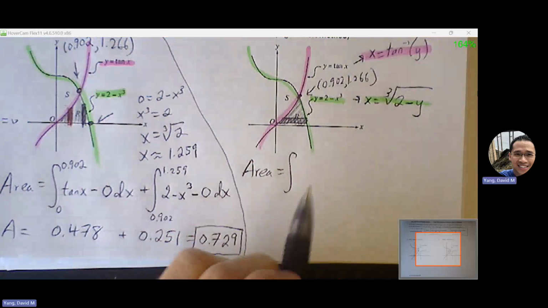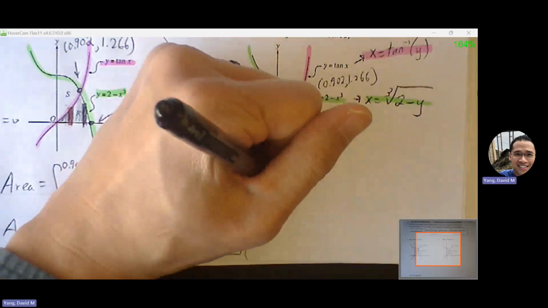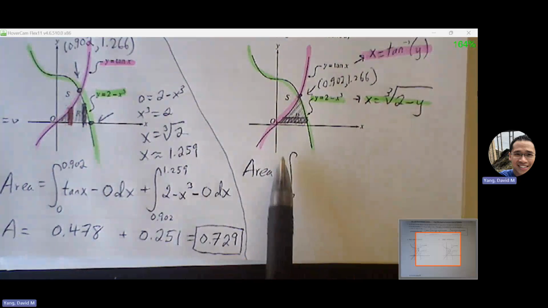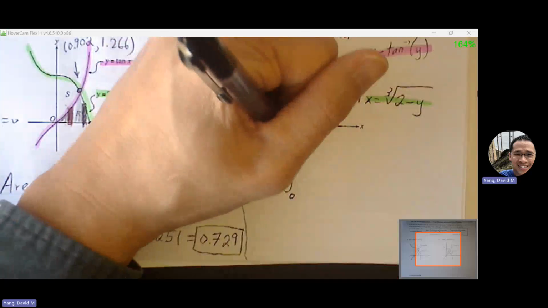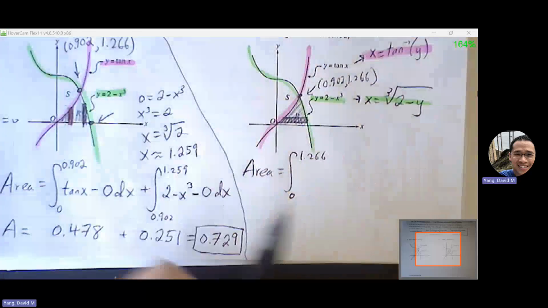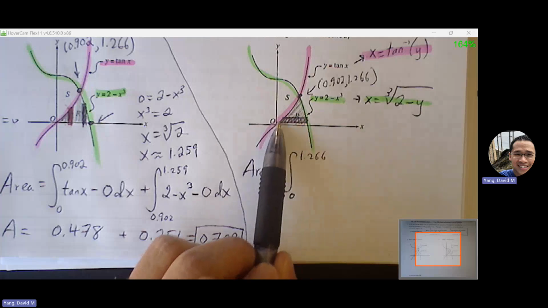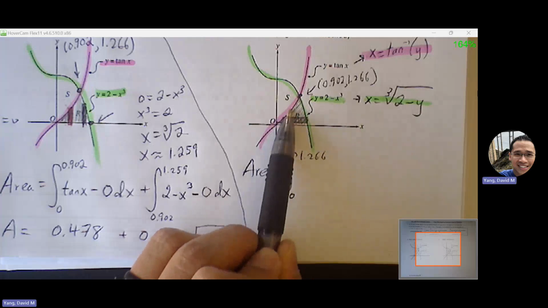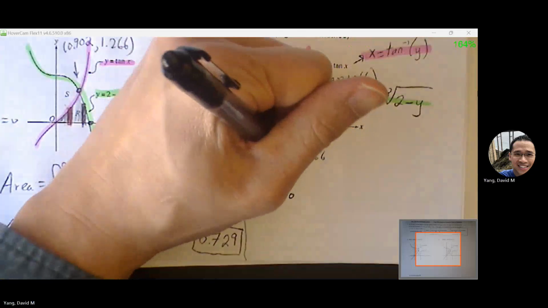Again, y values, right? So the lowest y value is what? 0, the x-axis. And what's the highest y value of my shaded region? Yeah, 1.266. And then we do right minus left. We find the graph on the right of the shaded region, which is the cube root of 2 minus y, and then minus the boundary on the left, which is the inverse tangent of y.